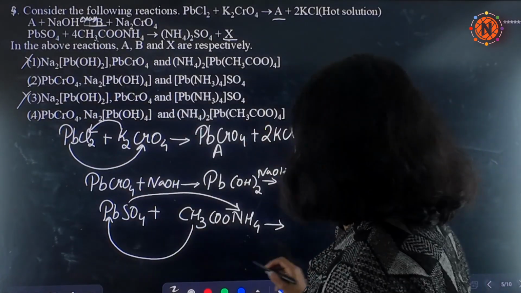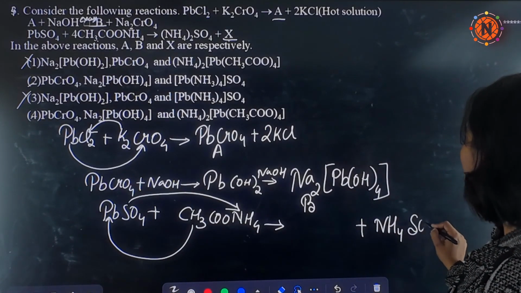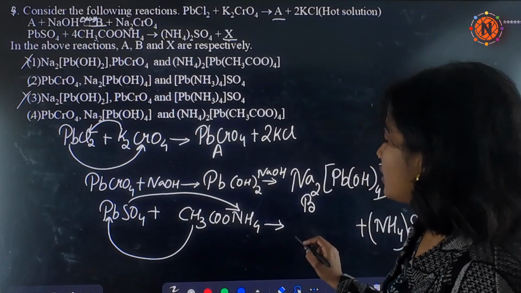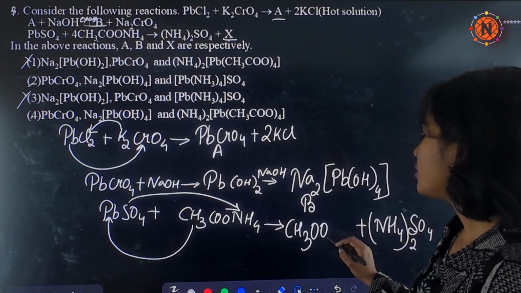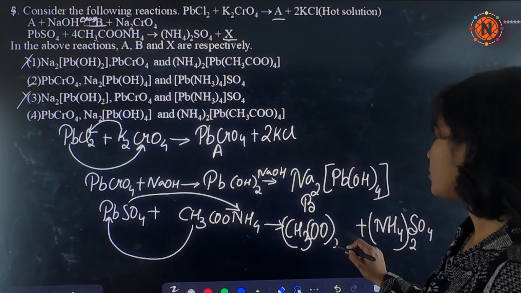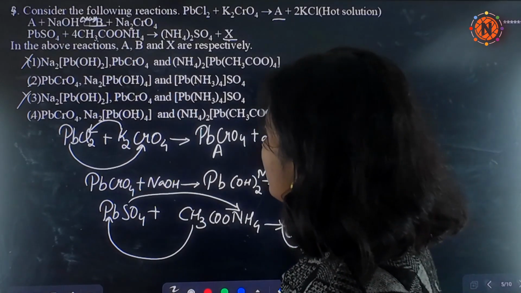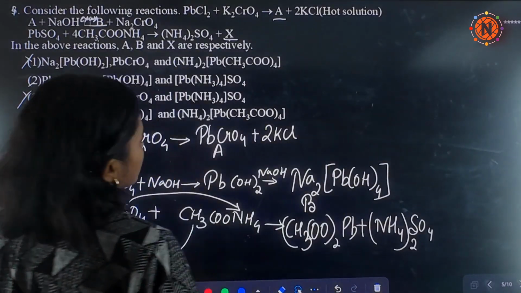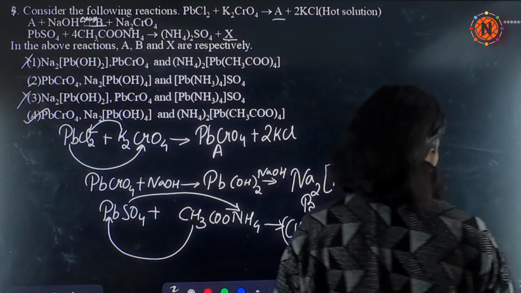So ammonium sulfate, (NH4)2SO4, will be formed, and here lead acetate will get formed. So our correct option will be option number 4.